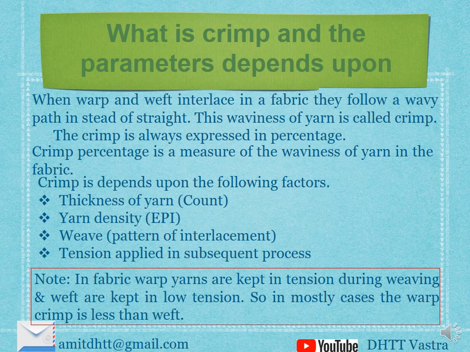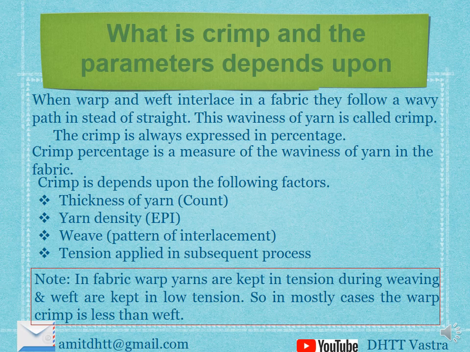Next, the crimp depends upon the following factors: thickness of yarn, in other words the count; yarn density, that is ends per inch or picks per inch; weave or pattern of interlacement; and tension applied in the subsequent processes. These are the factors the crimp depends upon.